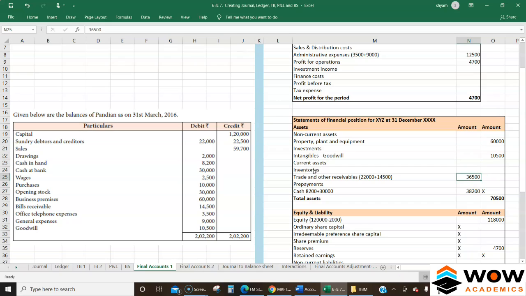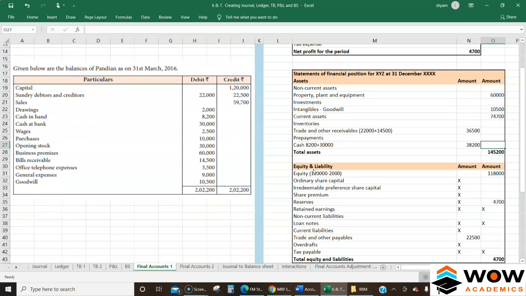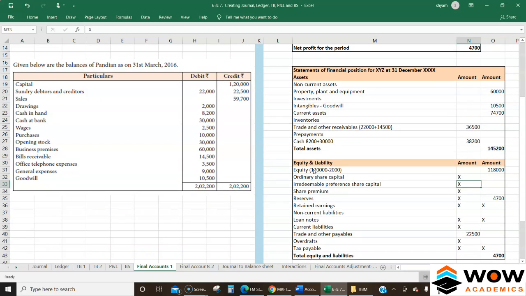We'll first close the current assets. Current assets come to 74,700. And we'll now close the liability side.